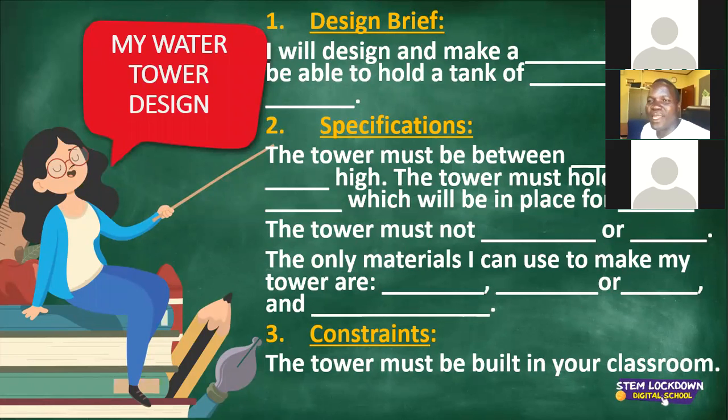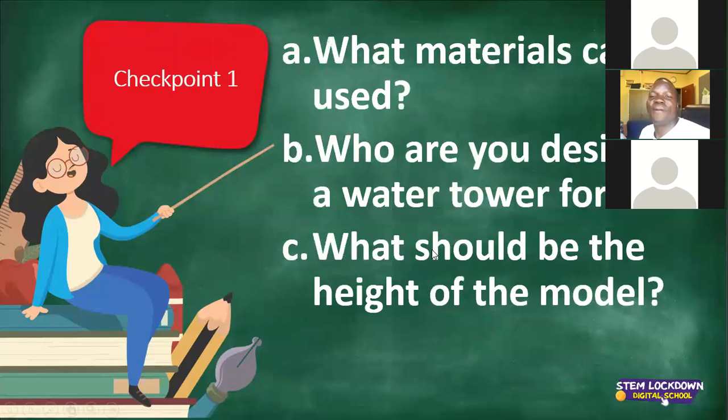So you don't go outside. You can just remove the classroom because you are not in class. You don't have to go out and look for things. You build it where you are. Yes, that is your constraint. Constraints limit you to do the project at home.